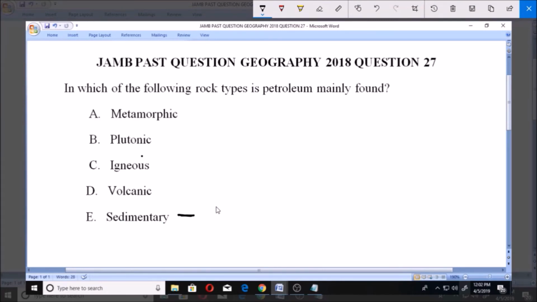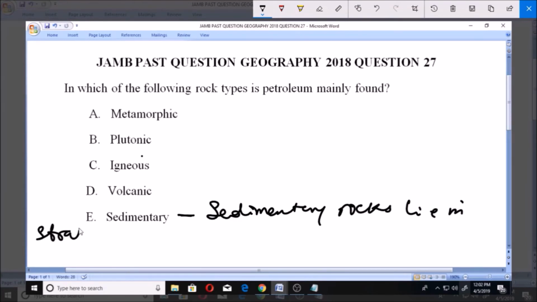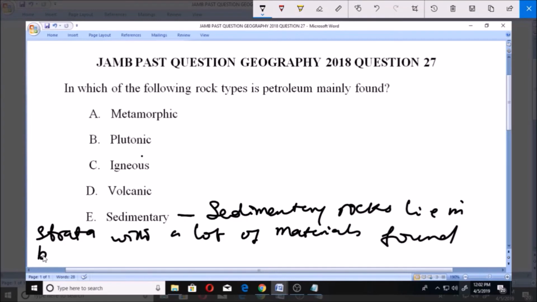Sedimentary rocks actually lie in strata, with a lot of materials found between the strata. So these strata, or you can call them layers, have materials in between them.